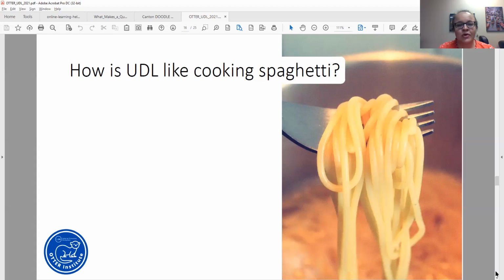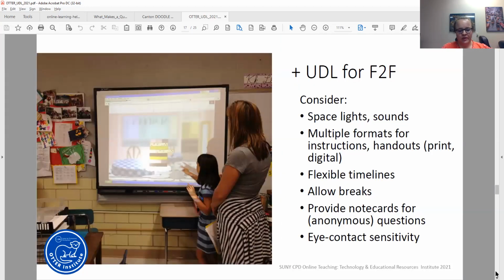All right, let's talk more about UDL for in-person courses. Now, the majority of what we talked about is either general or pertains a lot to your online courses. Now let's talk more about how UDL pertains to face-to-face. I would like for you to see the little girl, the little student in front of a smart board. Now everybody's thrilled because we have a smart board in a classroom.